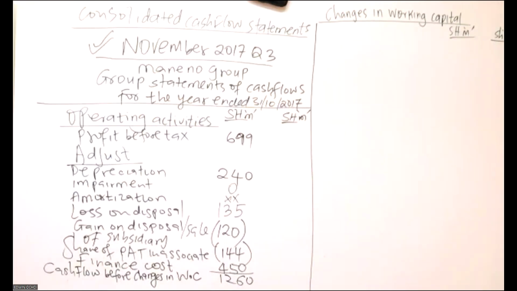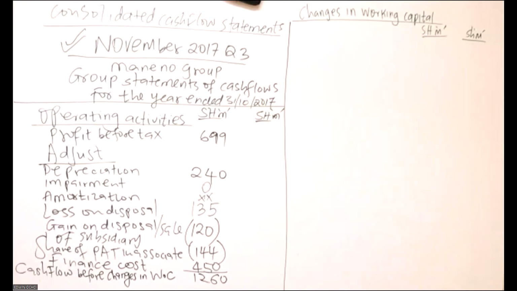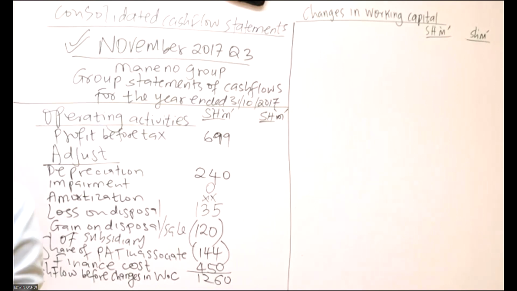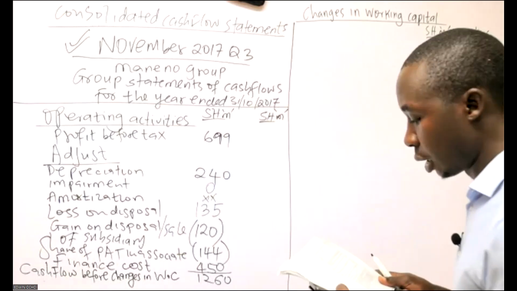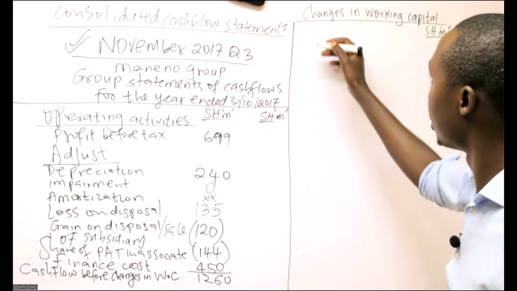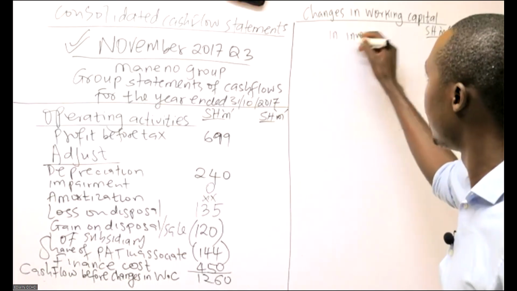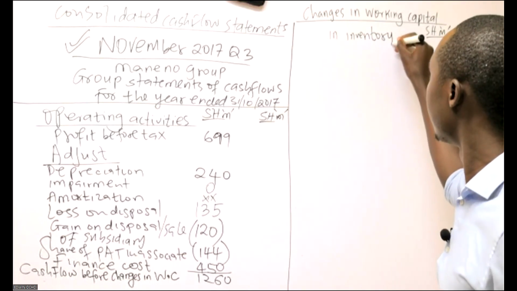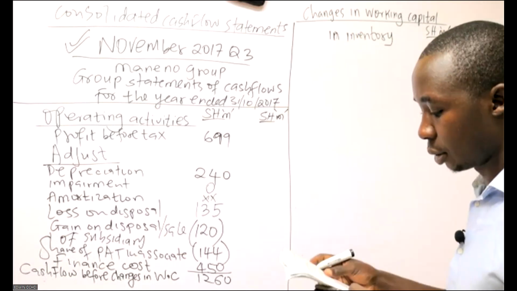So the changes in working capital. We check out current assets and current liabilities. Starting with current assets, we have inventory. So we check increase or decrease in inventory, then I will be able to conclude here if it's an increase or a decrease.